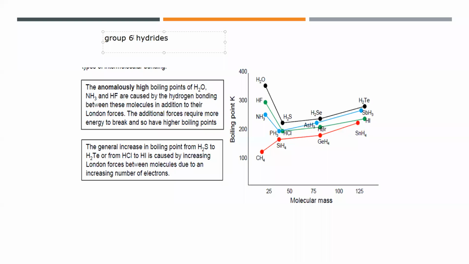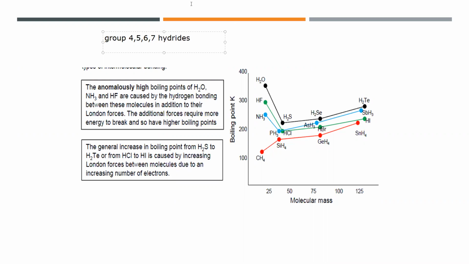We are comparing the hydrides of the groups: group 4 hydride, group 5 hydride, group 6 hydride, and group 7 hydrides. So we'll compare this trend.